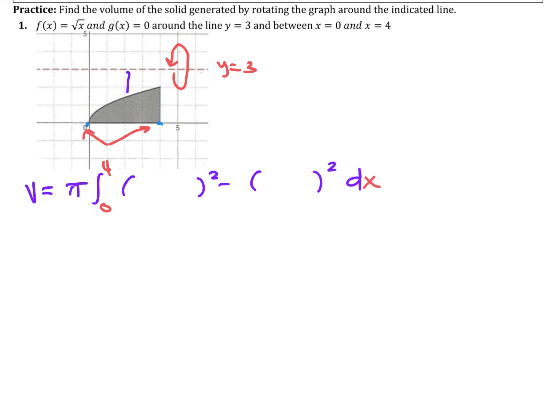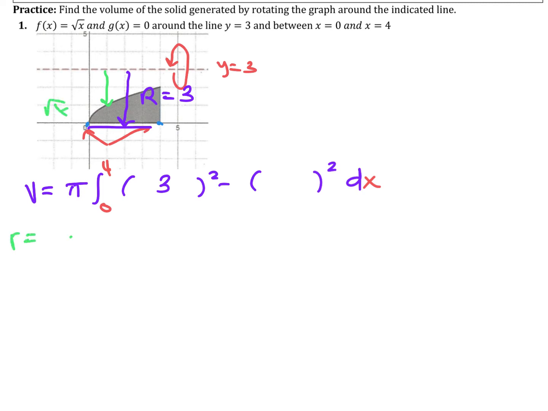Now let's look at our r values. If I start at the rotation line and go out to the edge of my area, that's going to give me my big R. In this case, that is 3. If I start at the line of rotation and go down until I hit the bottom piece or the closer piece of the shaded region, I'm going to hit the curve, which is the square root of x.